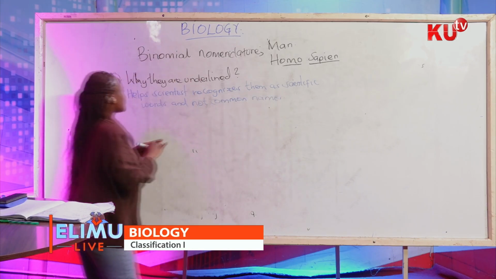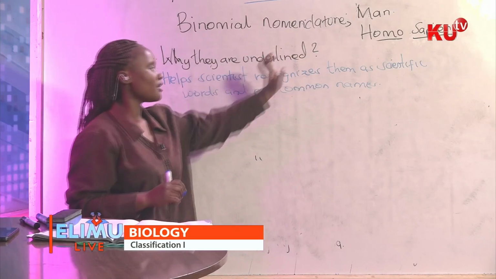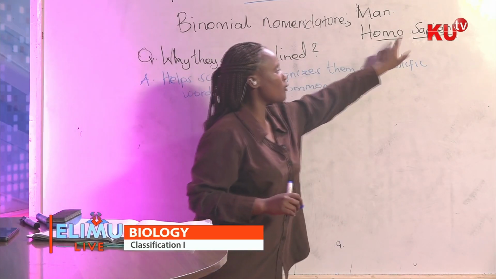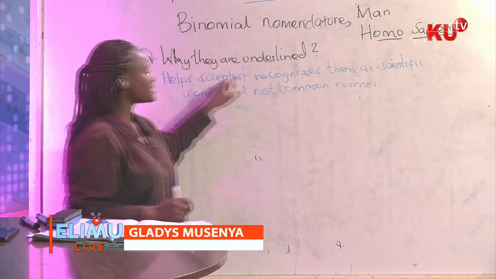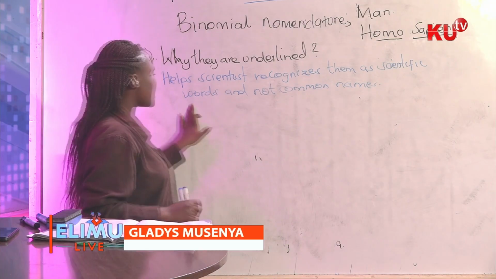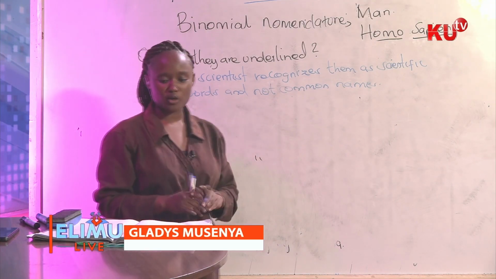Like I've underlined here, Homo and sapien, the reason for underlining is it helps scientists recognize them as scientific words and not common names.